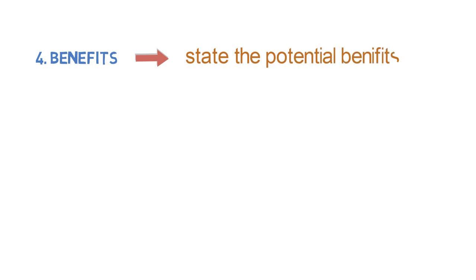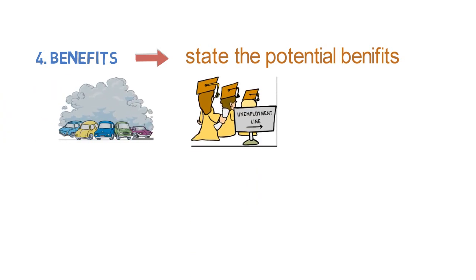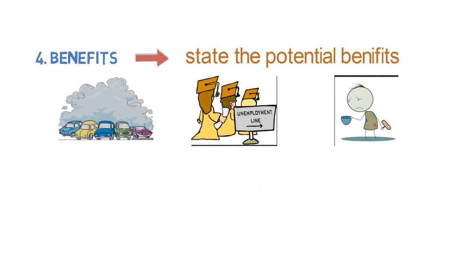Let's look into the fourth step, which is the benefit of it. Here you have to state the potential benefits of education to overcome overpopulation. We stated the problem like scarcity of natural resources, increase in pollution, rise in unemployment, increase in poverty. Education can reduce these issues. So we can write the benefits in this way.